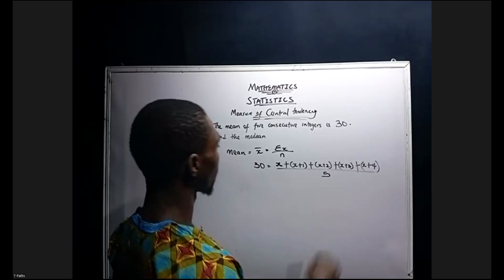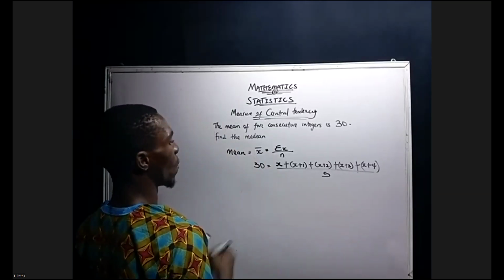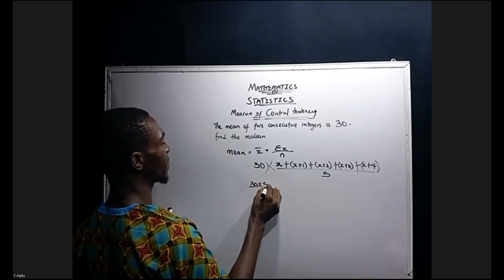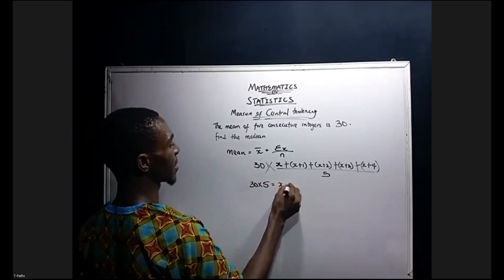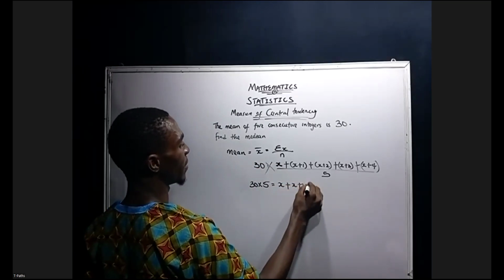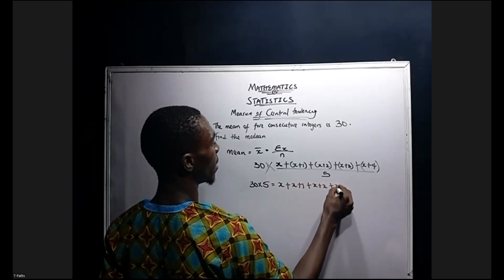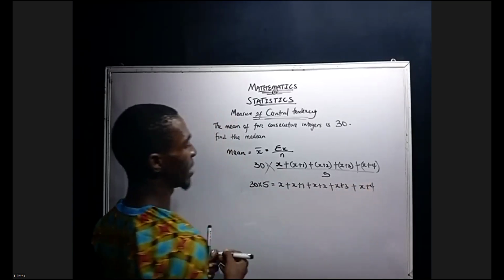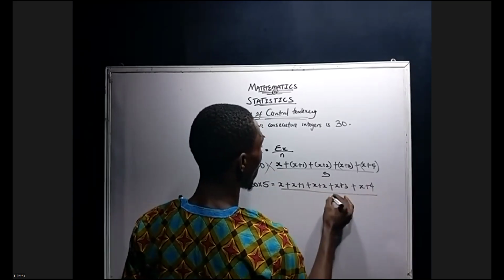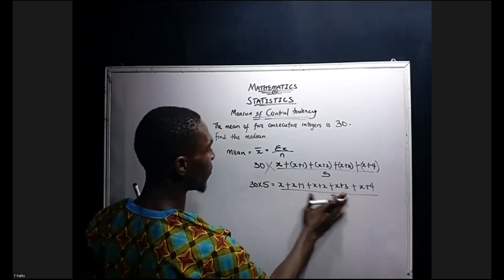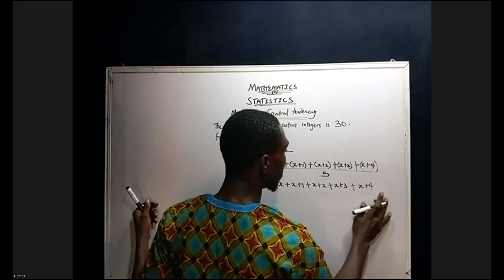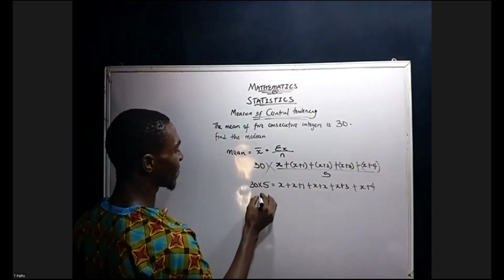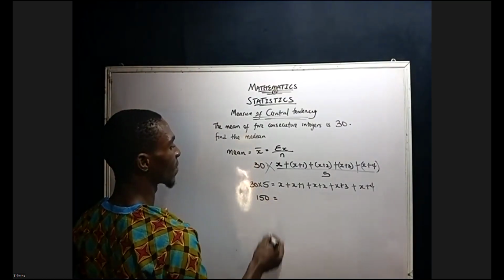So, when you cross multiply here, I have 30 times 5 equals x plus x plus 1, x plus 2, x plus 3, x plus 4. I've already multiplied 5 with the 30, so we don't need to divide by any value again. 30 times 5 becomes 150.